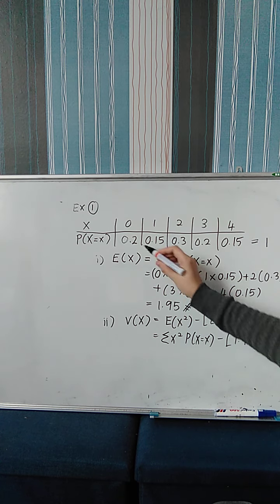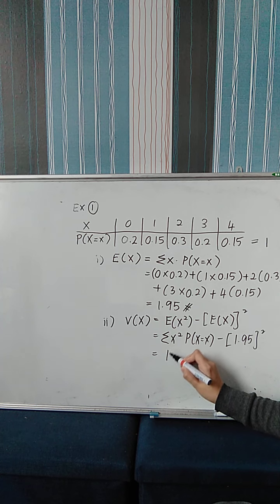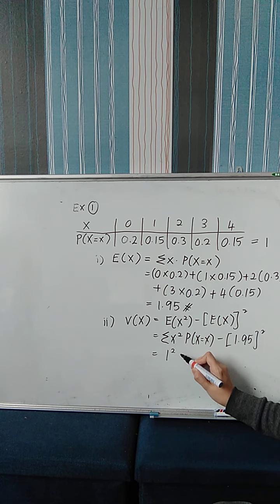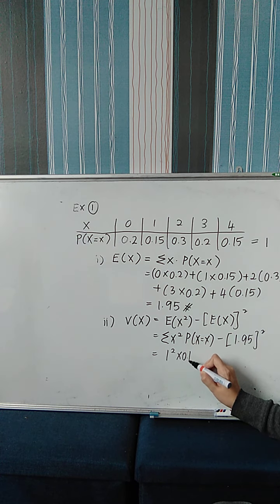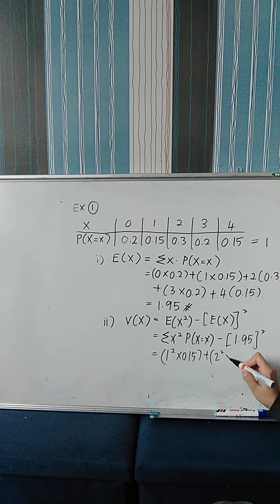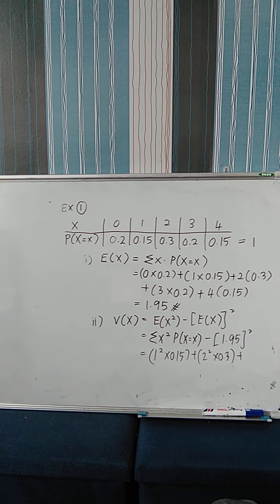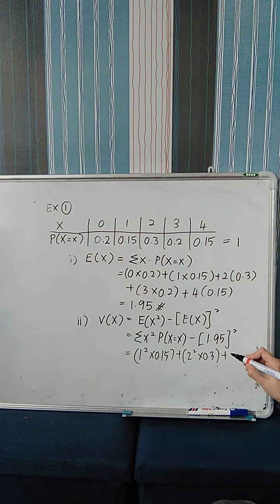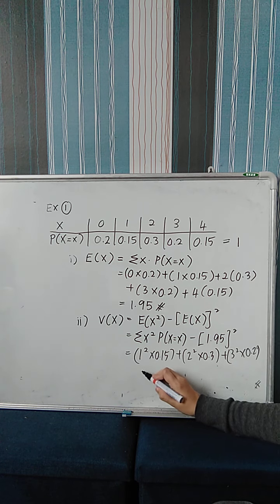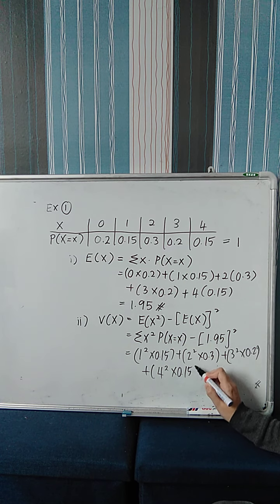So 0 squared times 0.2 is still 0. So just take 1 squared times 0.15, plus 2 squared times 0.3 plus 3 squared times 0.2 plus 4 squared times 0.15.